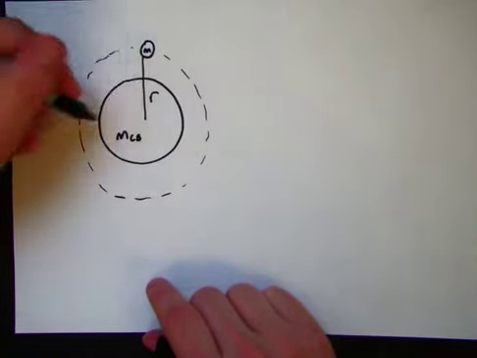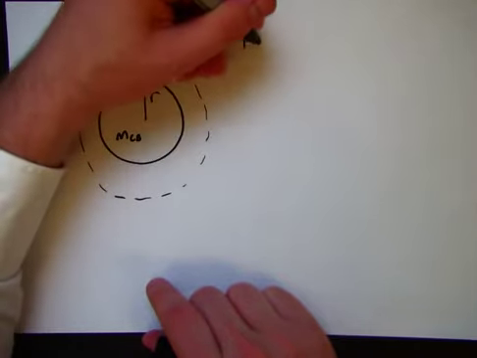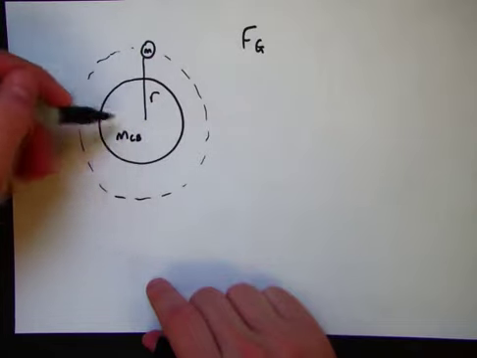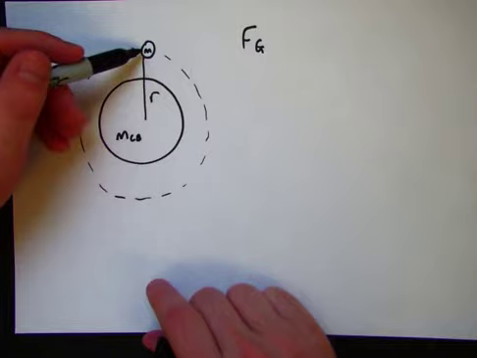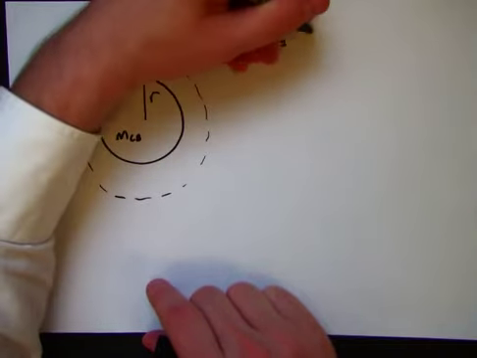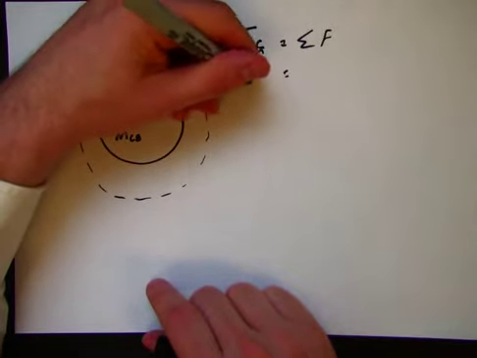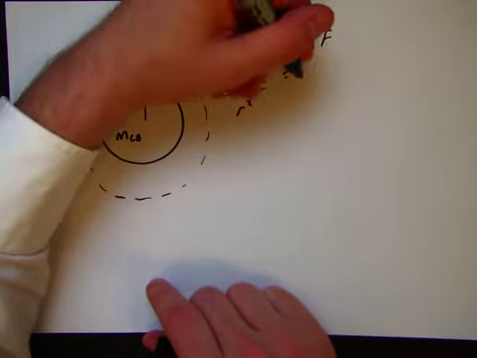And in fact, if I want to figure out the force of gravity acting on this object, it will only be your force of gravity. There are no other forces acting on it. You'll notice that it's always pulling towards the center. Okay, I want you to be aware that it's always pulling towards the center. And so in fact, this will be my net force. And I'm going to just say that's G m1 m2 over r squared, but that's going to be equal to my net force, which is ma.